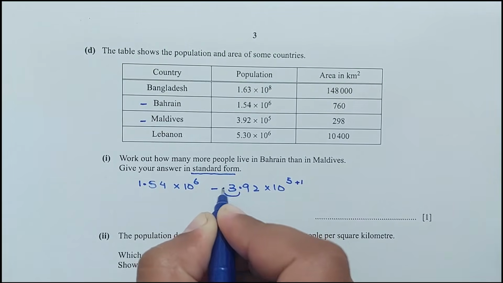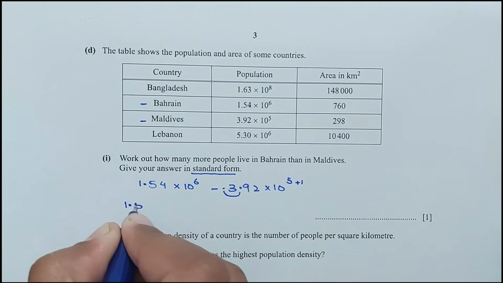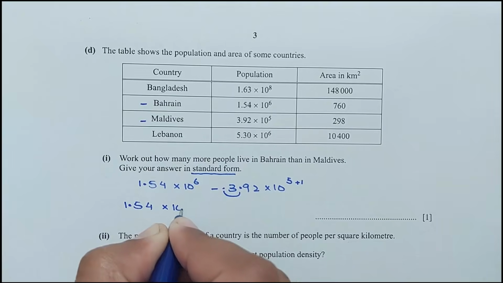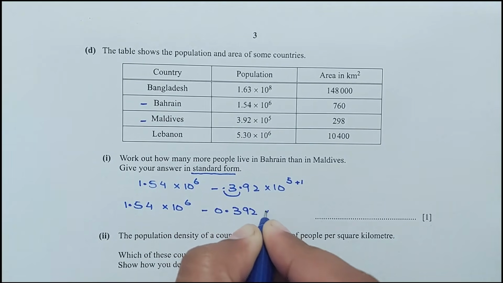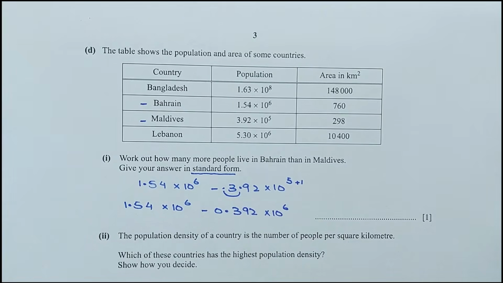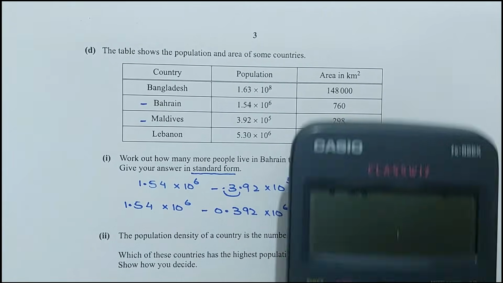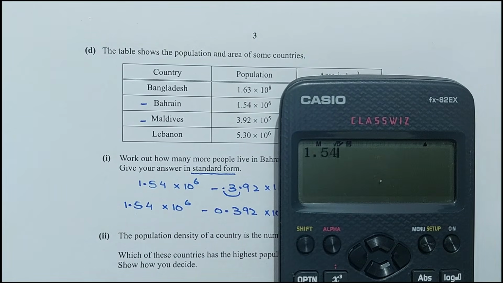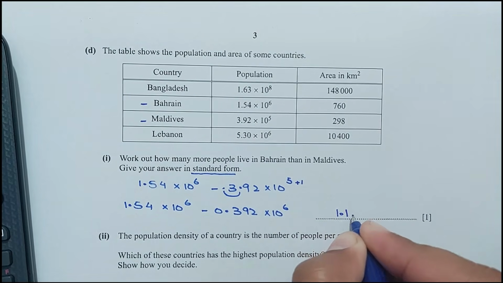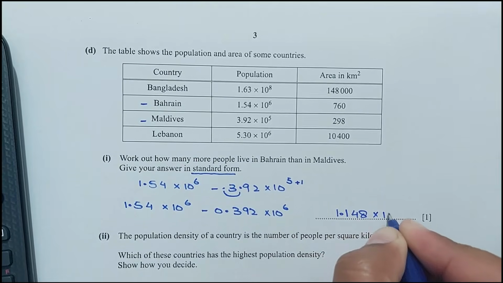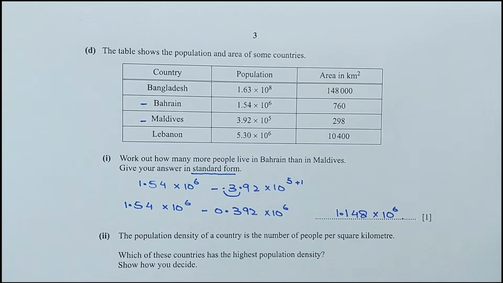So 1.54 times 10 to the power 6 minus 0.392 times 10 to the power 6. 10 to the power 6 is common, so let me simplify: 1.54 minus 0.392 is 1.148. 1.148 times 10 to the power of 6.